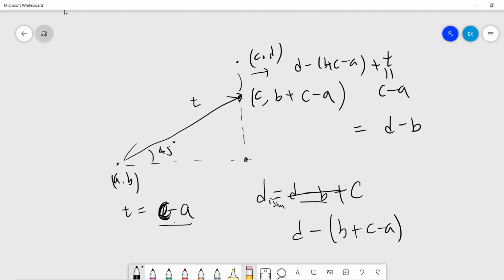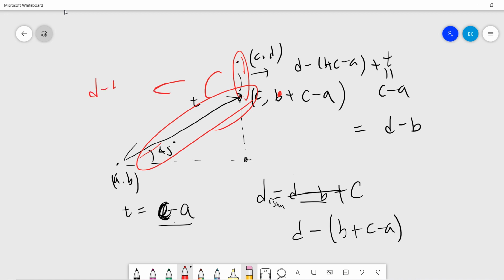Suppose your point is here, then it is similar: the total of this distance plus this distance is just d minus b.